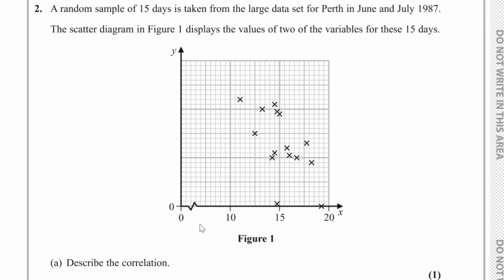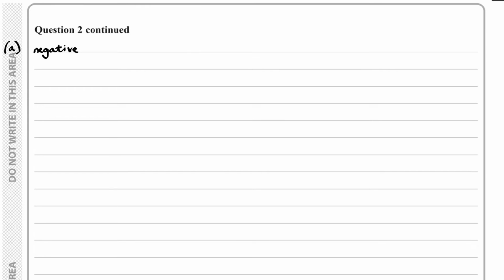So we see over here we have some variable along the x-axis and another variable along the y-axis, and we don't know what those are yet. But for part A of the question, we have to describe the correlation. We see over here for part A, we have a negative correlation.